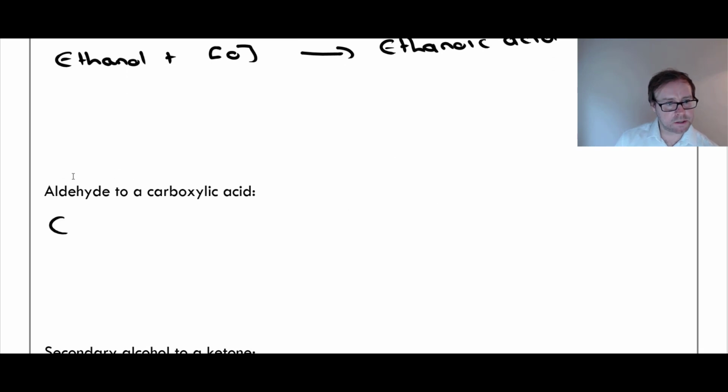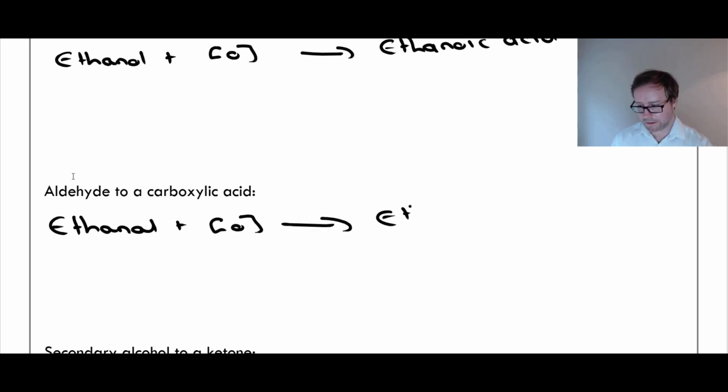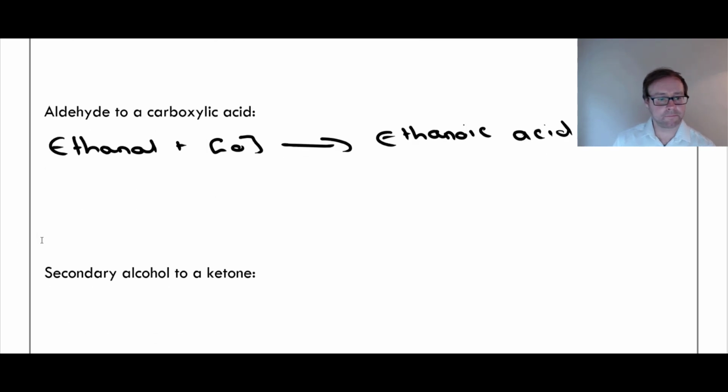Aldehyde to a carboxylic acid: ethanol plus my oxidizing agent goes to ethanoic acid. Careful here that there's no water.